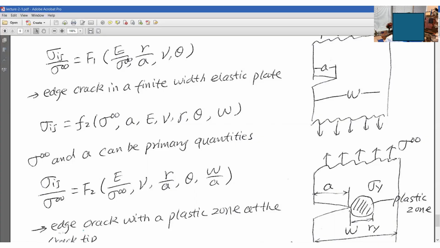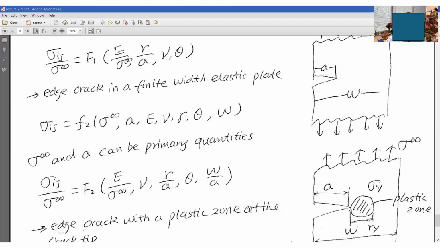R is divided by sigma infinity and A, and the exponent of sigma infinity can be selected as 0, so sigma infinity will have no influence. So I will have R over A, and theta is dimensionless already, right? So we don't need to take care of it again.